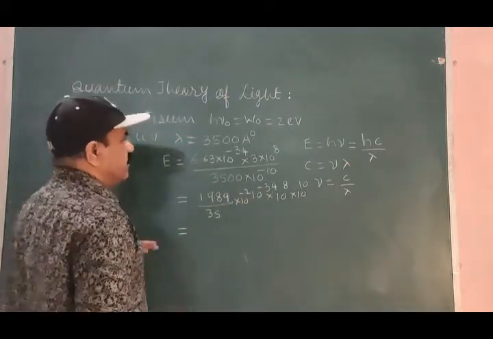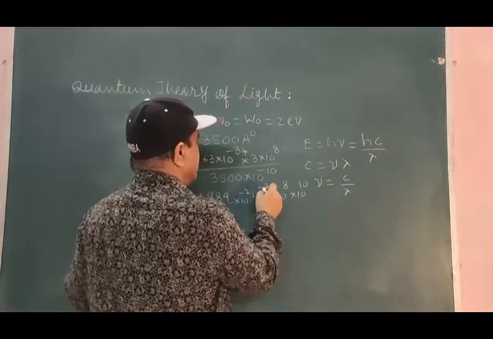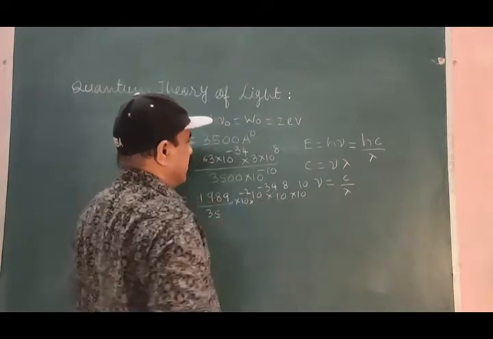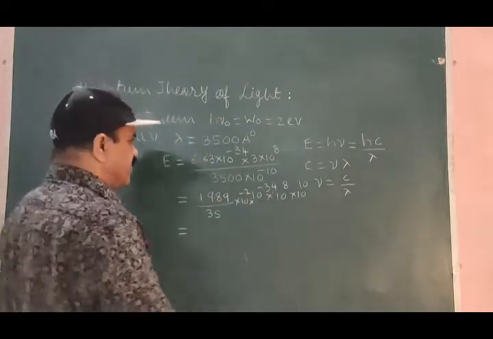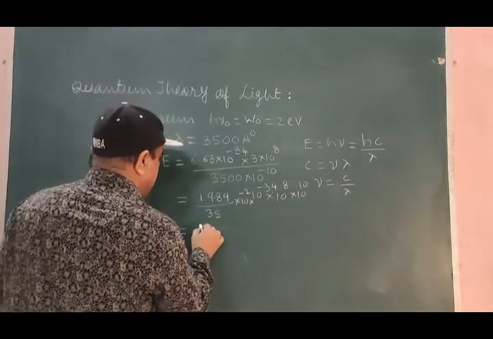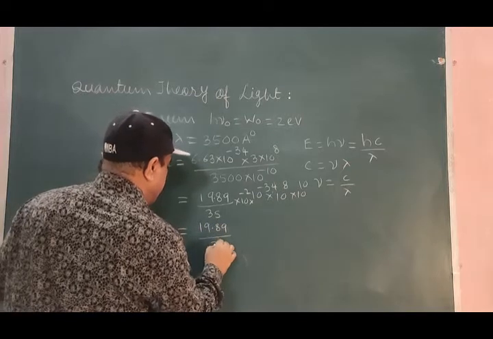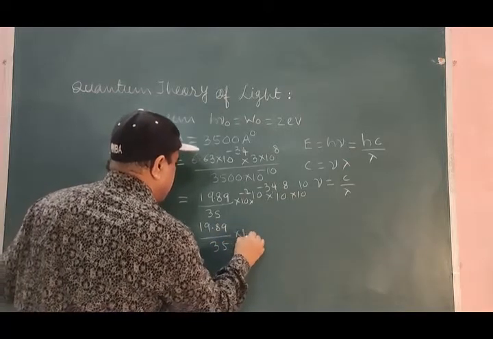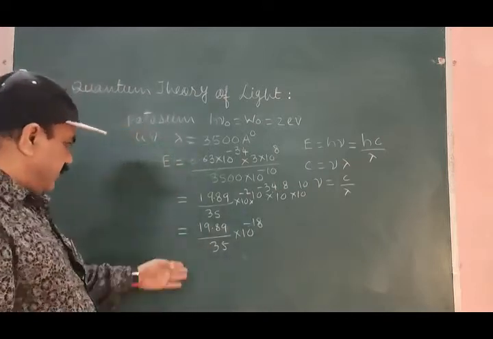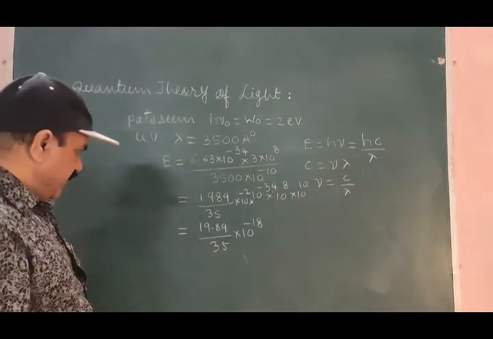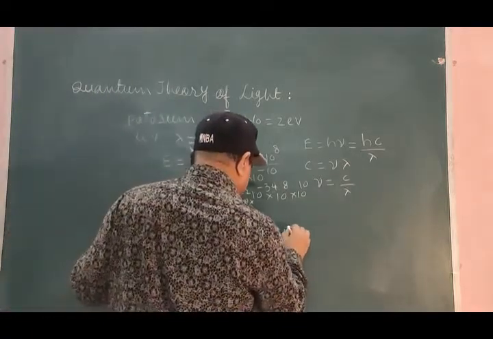This is for the 18, minus 2 taken here, minus 36. 18 to the 36, so it is simply 19.89 divided by 35 into 10 to the power minus 18. And if you do division of this will be 0.